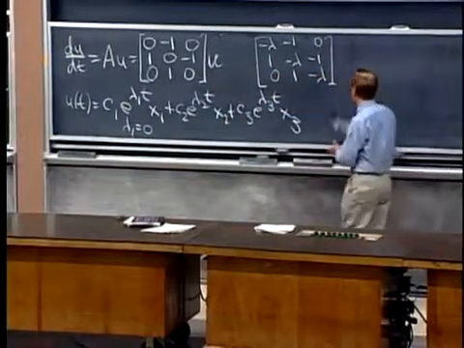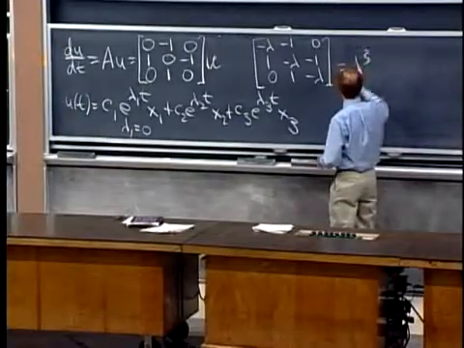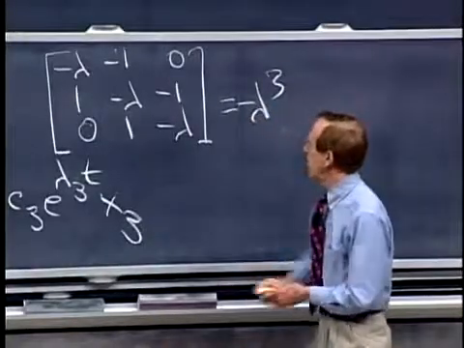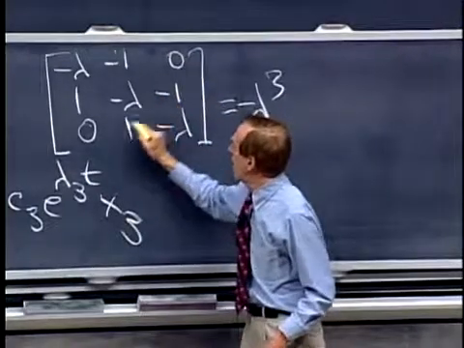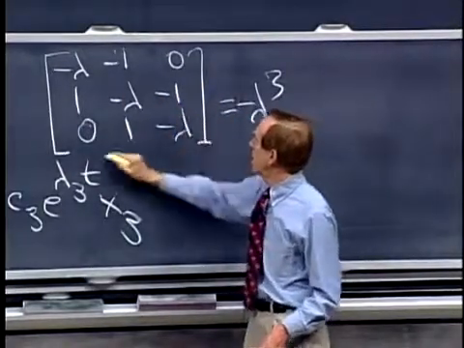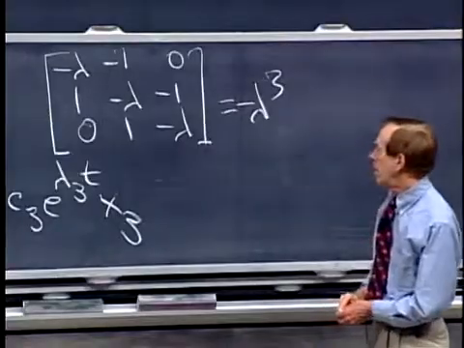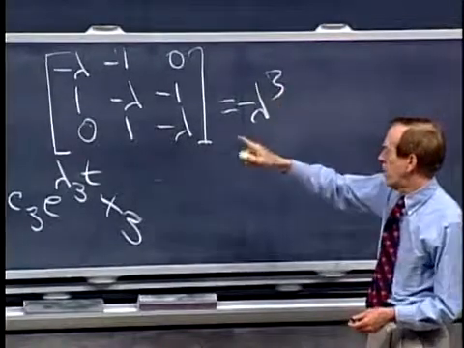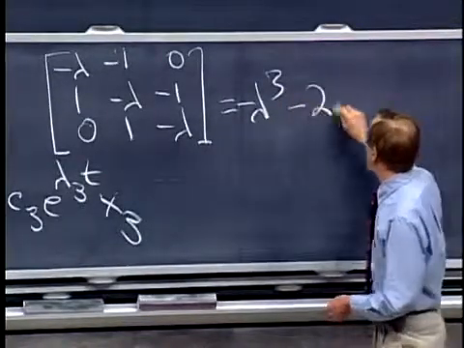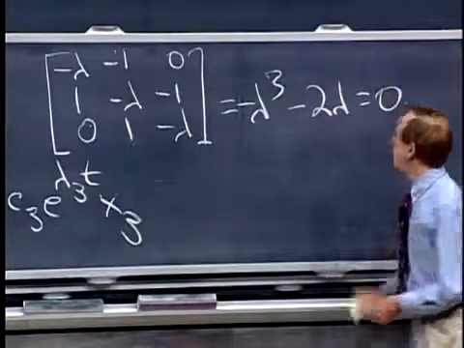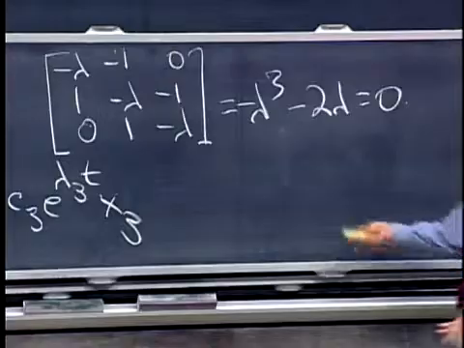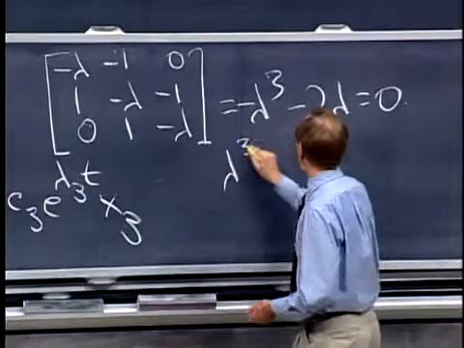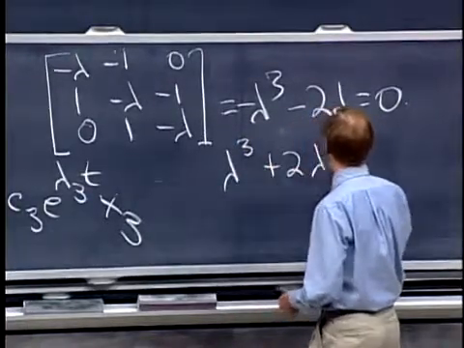But maybe I just do it out here. Minus lambda cubed, and then a 0, and a 0, a 0, and then maybe I have a plus lambda and another plus lambda, but those go with a minus sign. Am I getting minus 2 lambda equals 0? So I'm solving lambda cubed plus 2 lambda equals 0.